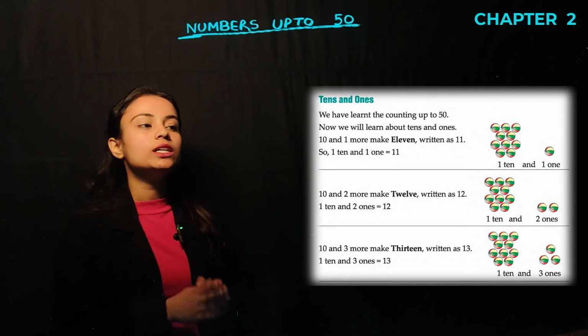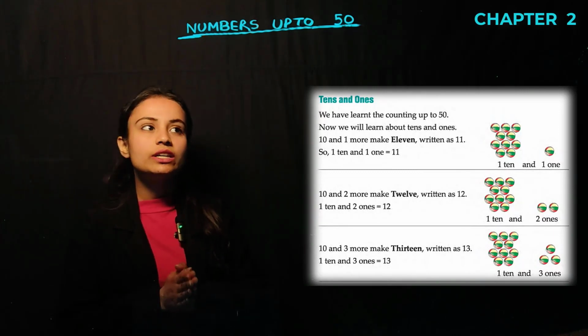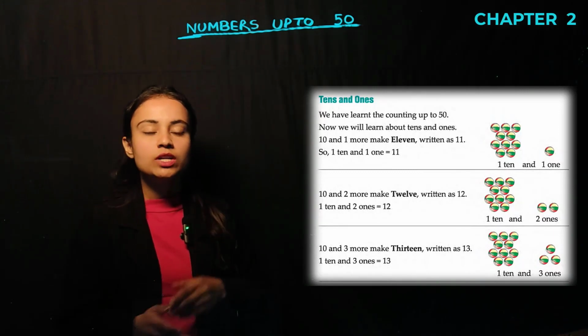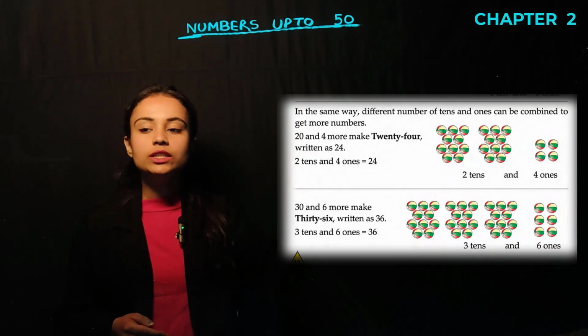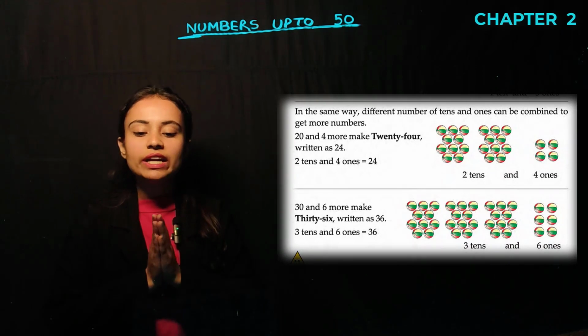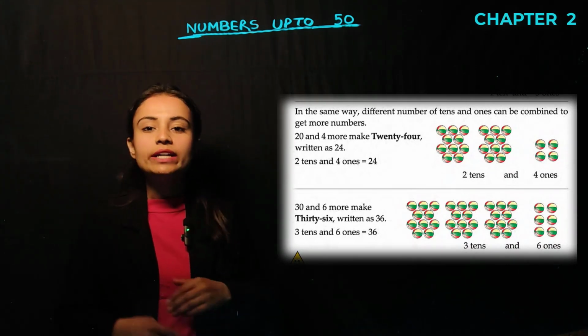In a similar manner, 10 and 3 more make 13, which is written as 1, 3, 13. So 1 ten and 3 ones is equal to 13. In the same way, different numbers of tens and ones can be combined to get more numbers.